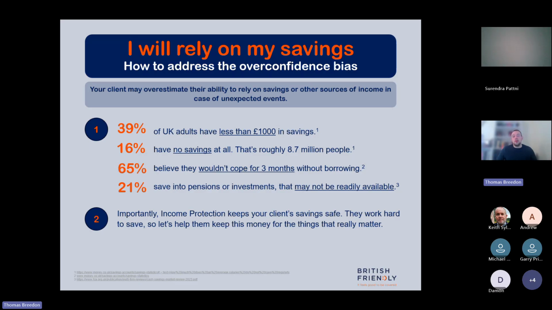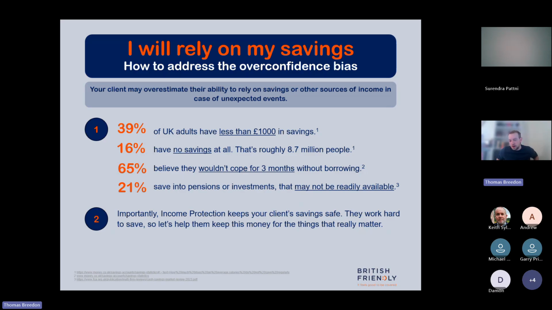So I've touched previously on a few of the stats about relying on savings and being a bit overconfident that your savings will protect you if you are off work due to being ill or injured. Your client may overestimate their ability to rely on their savings and other sources of income. First of all, the very first thought for a lot of people in their 20s, for example, if they are struggling financially, will be the bank of mum and dad.